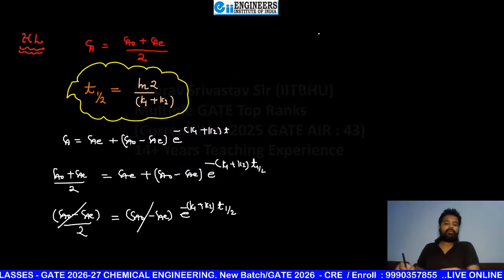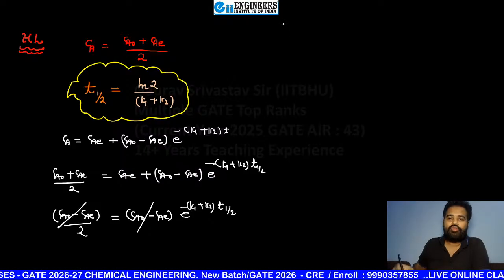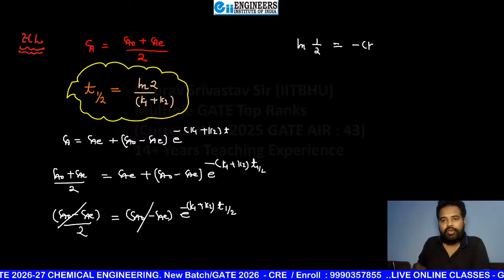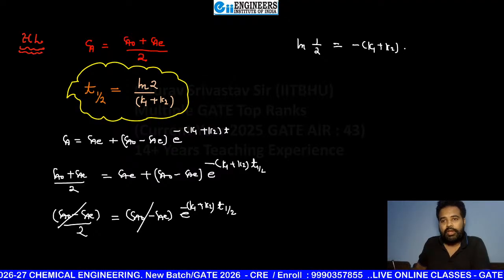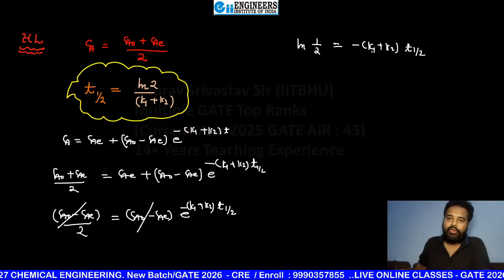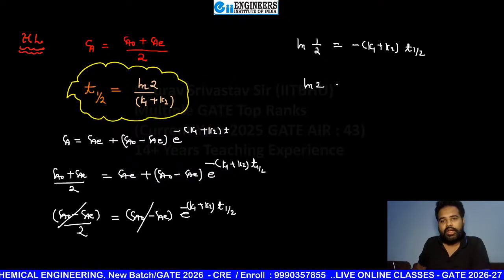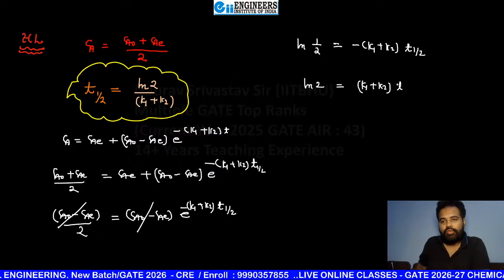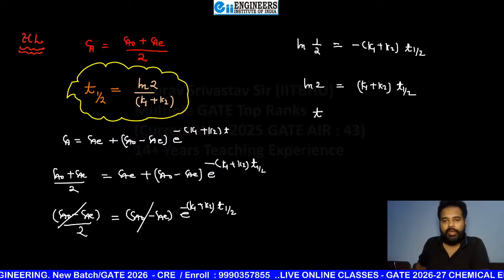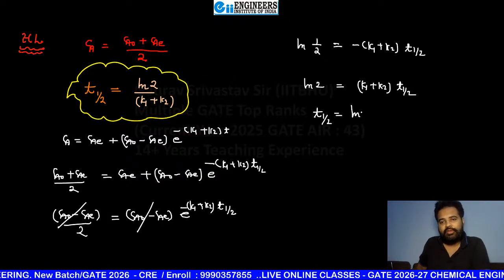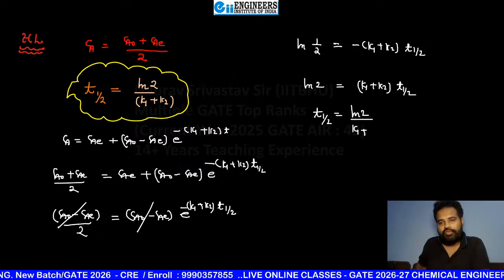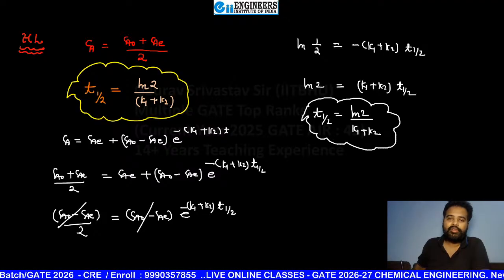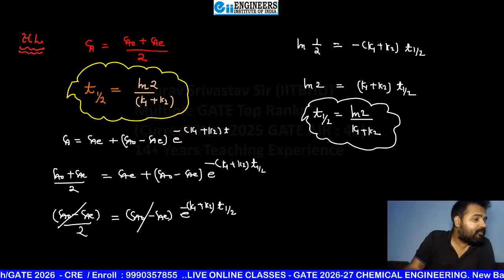So 1 by 2 equals exponential; taking ln, ln of 1 by 2 equals minus of K1 plus K2 T half. Multiplying by minus both sides, ln of 2 equals K1 plus K2 T half. So from here you can write T half as ln of 2 upon K1 plus K2. Is it crystal clear now beta?